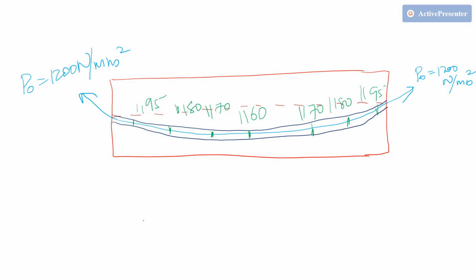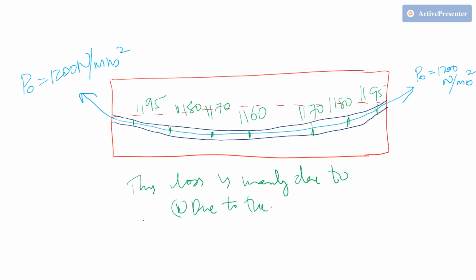And this loss due to friction is mainly due to two effects. The first one is that as the length increases, you can see here, the friction loss also increases. So this is the length effect, also called the wobble effect.